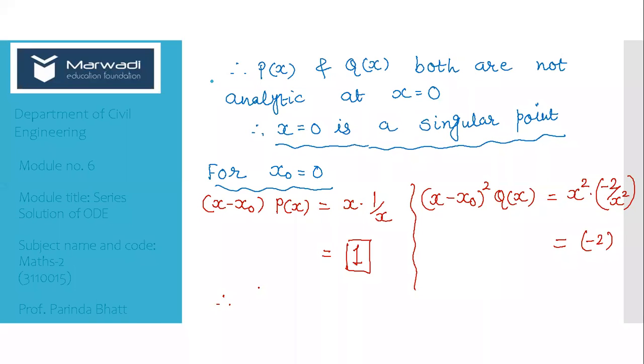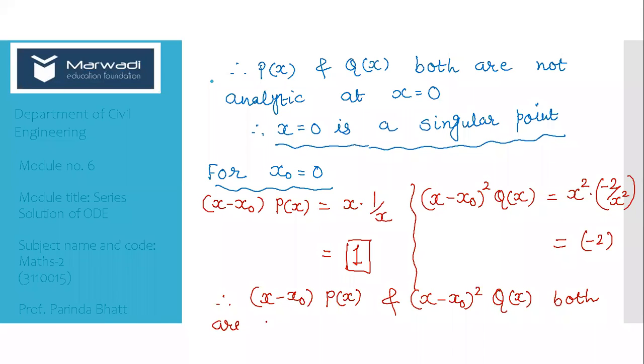Therefore, x minus x0 into p of x and x minus x0 whole squared into q of x both are analytic at x0 equal to 0. Therefore, x0 equal to 0 is a regular singular point.